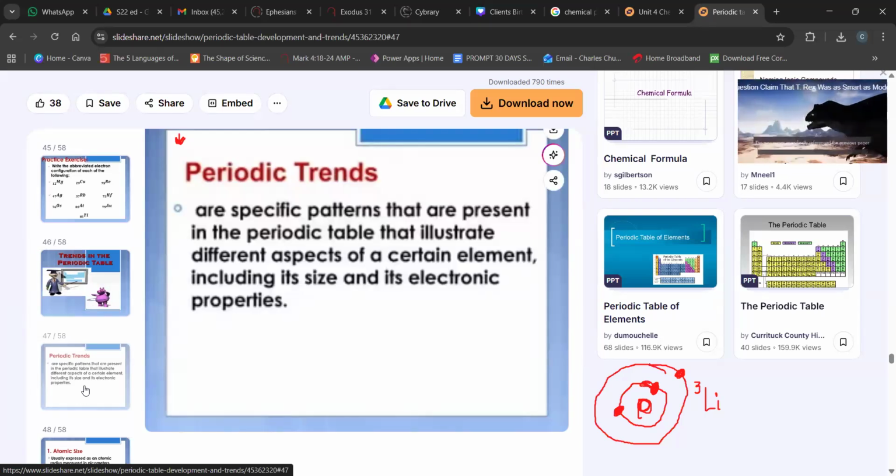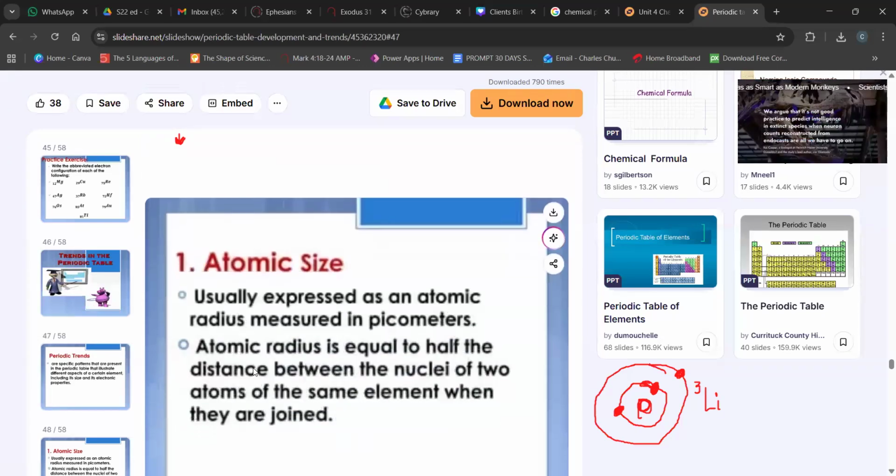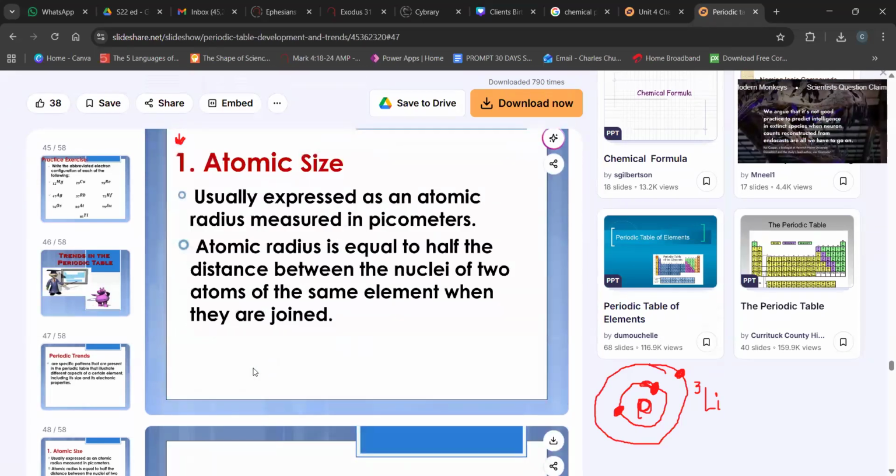All right. So periodic trends are specific patterns that are present in the periodic table that illustrate different aspects of a certain element, including its size and its electronic properties. So let's take a look at the trend for atomic size. Nobody is going to ask you to define it.